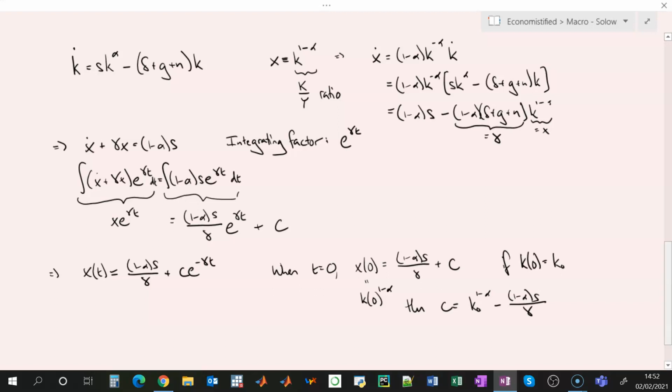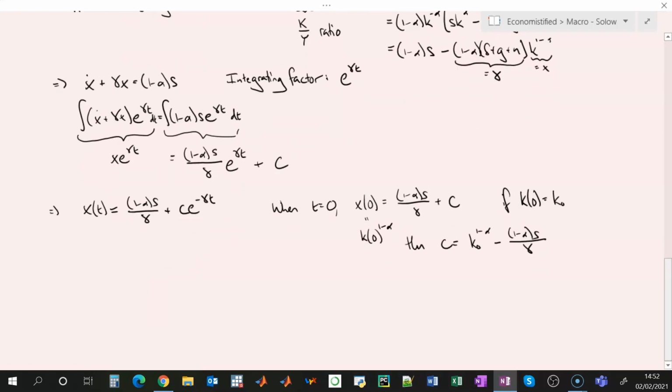Okay, and now we can plug this value of c into our equation for x. And I'll write it in terms of k now. So we get k of t to the power of 1 minus alpha is equal to this constant plus our initial condition, and all times this e to the minus gamma t.